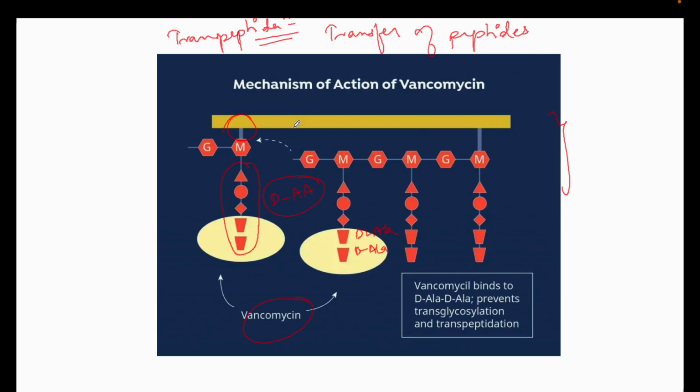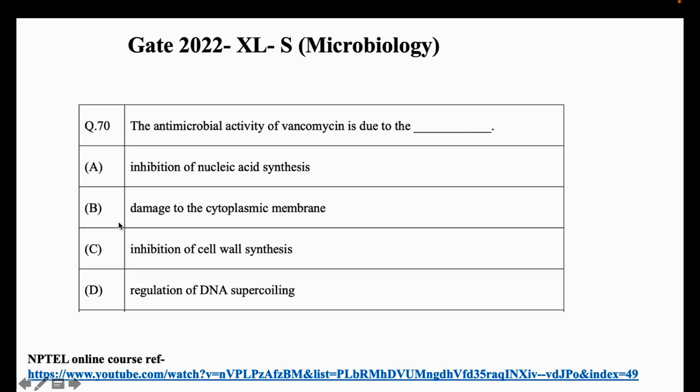The glycosyl units will no longer be able to bind, and the whole cell wall will be destabilized, leading to bacterial cell death. So vancomycin acts by inhibition of cell wall synthesis.